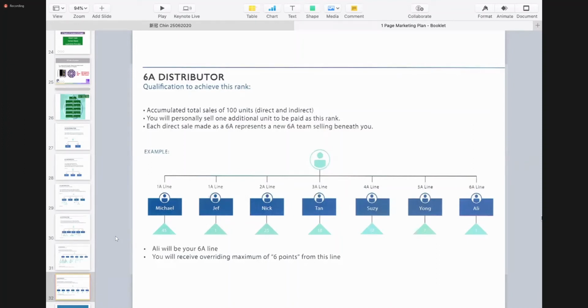Is it good money? Friends from Thailand, 60, 70,000 US dollars, okay or not? If it is good, let me tell you that in Malaysia, there are actually 600 people who have already achieved this. In our group, there are already 300.